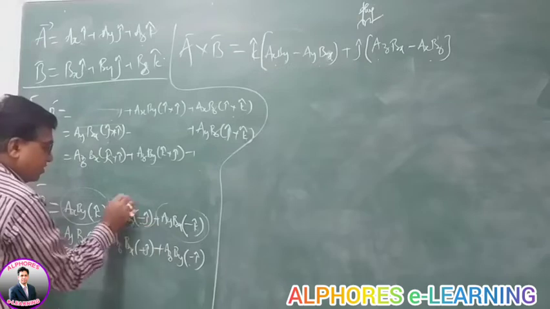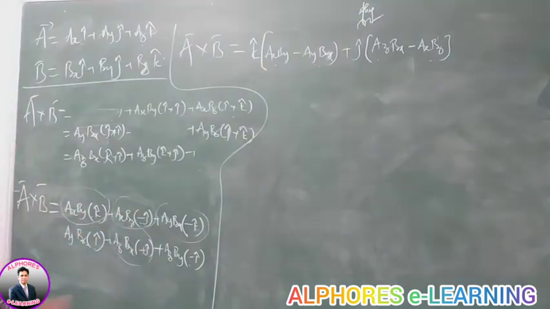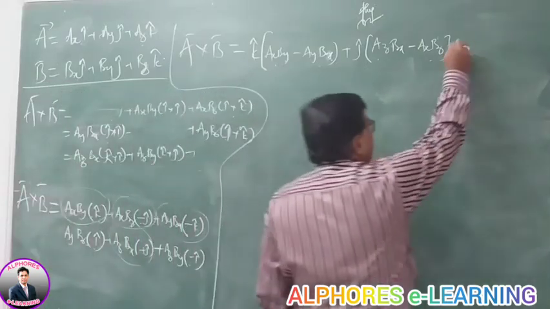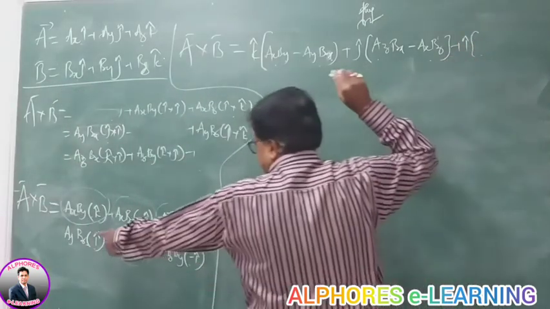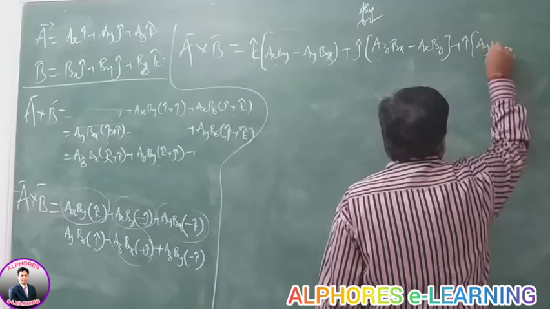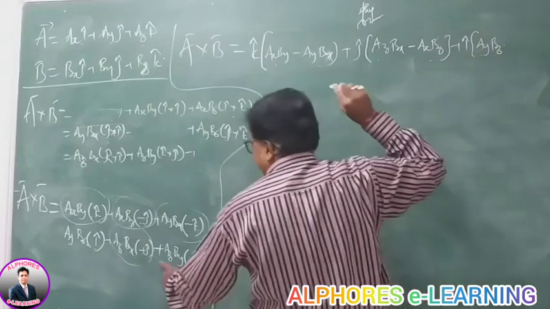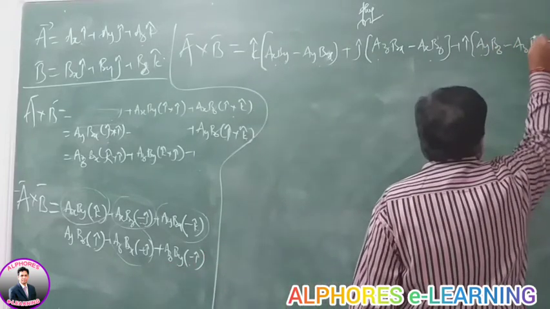Now these two j terms are over. Now the i terms, let me take i common. If I take i common out, then it is ay bz minus az by.